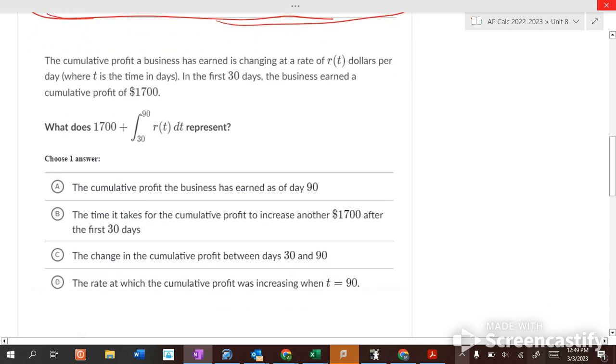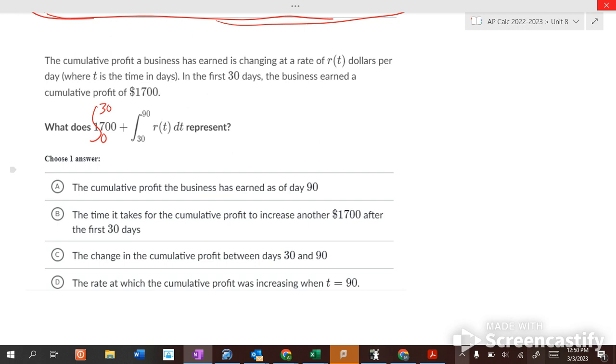The cumulative profit a business has earned is changing at a rate of so many dollars per day. In the first 30 days, the business earns $1,700. What does this whole expression represent? Well, the 1,700 is basically the integral from 0 to 30. Then you add on the integral from 30 to 90.